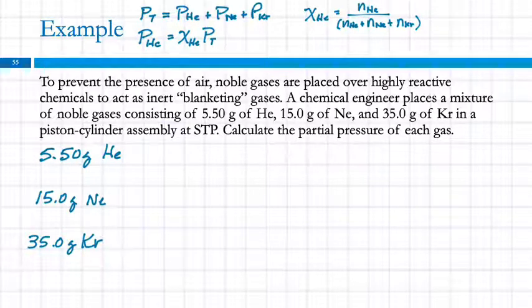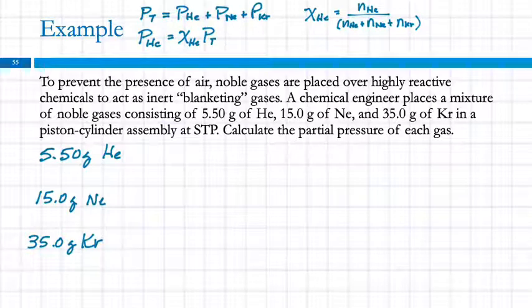So if I want the partial pressure of each gas, well, the partial pressure of helium is the mole fraction times the total pressure. Do I know either one of those just without any calculating? What's the total pressure of this gas? 1 atmosphere.